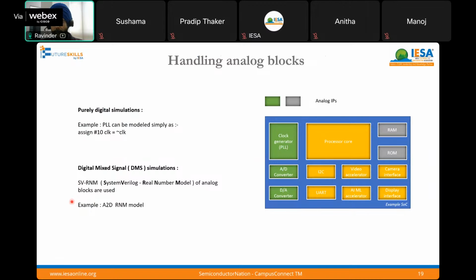It allows us to model analog values on the ports of the blocks, thus enabling creation of a real number model of analog blocks, which can be simulated in the digital simulation itself. So analog behavior can be modeled, simulated and checked at SoC level using real number models.